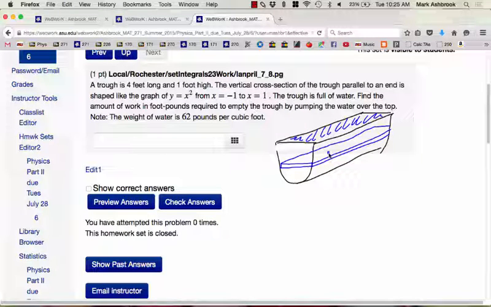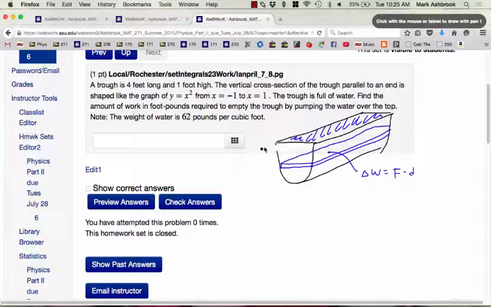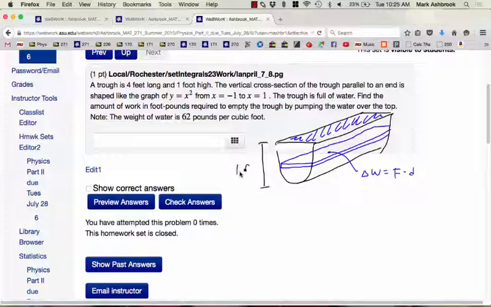So that for this layer here, a little bit of work is going to be the force times the distance it has to go. So it's 4 feet long and 1 foot high. So this is 1 foot like that.